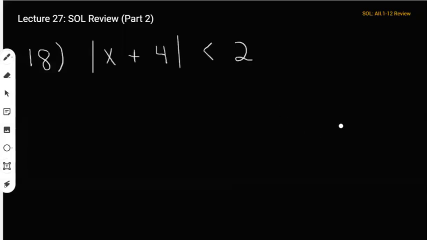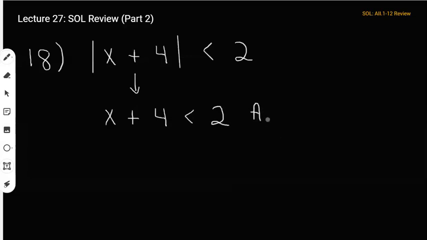So to do this, you need to know what happens to absolute value inequalities. Basically, what happens is you can take whatever's on the inside out. So I'm going to take out the x plus 4, just like it is, and I'm going to keep everything the same for this one. So I'm going to have a less than 2.